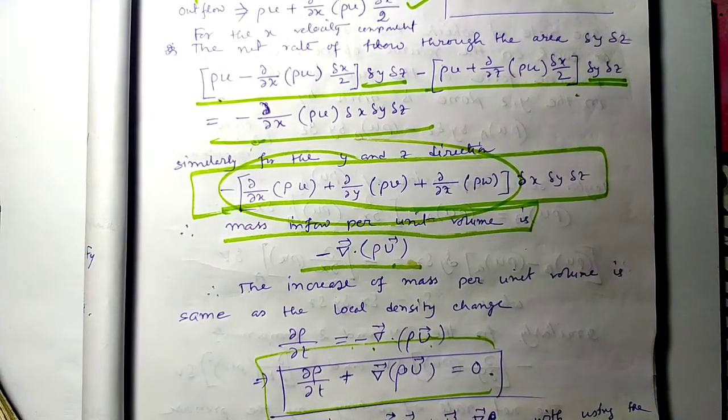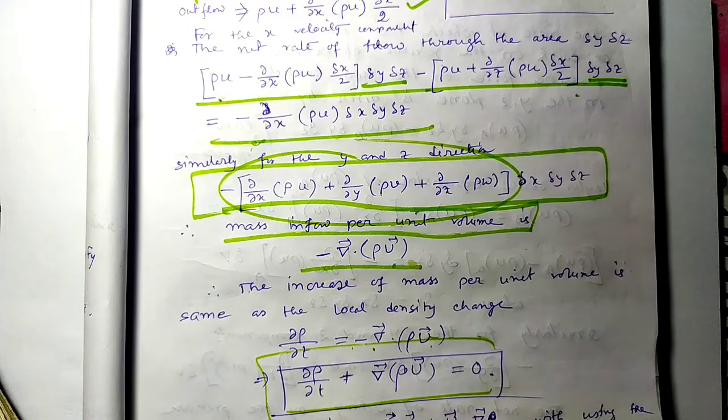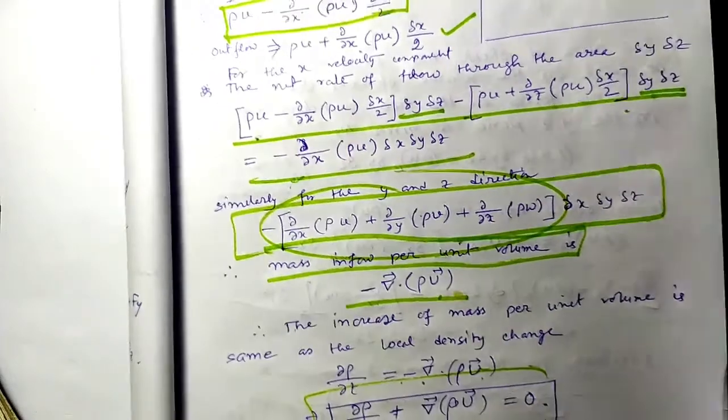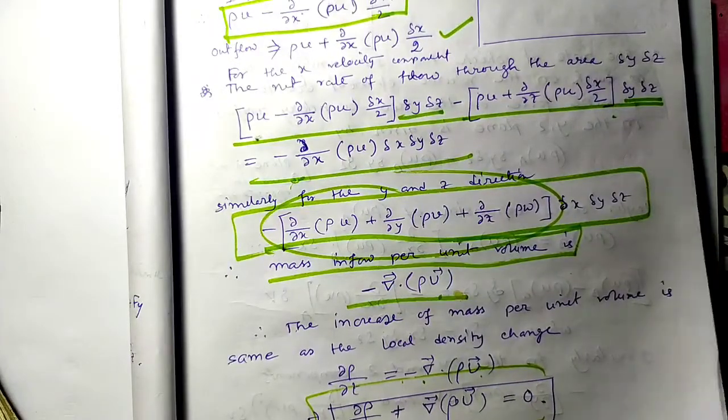Now from this gradient of rho u, we can write this, and if we convert to d by dt, then del t plus u dot del. So from here we can write 1 by rho d rho by dt plus gradient of u equals 0 if we consider these two.